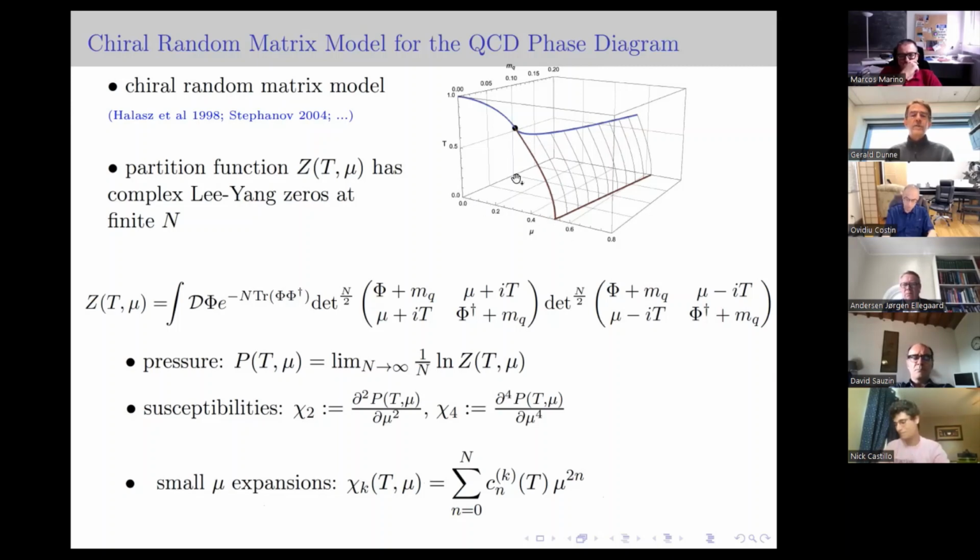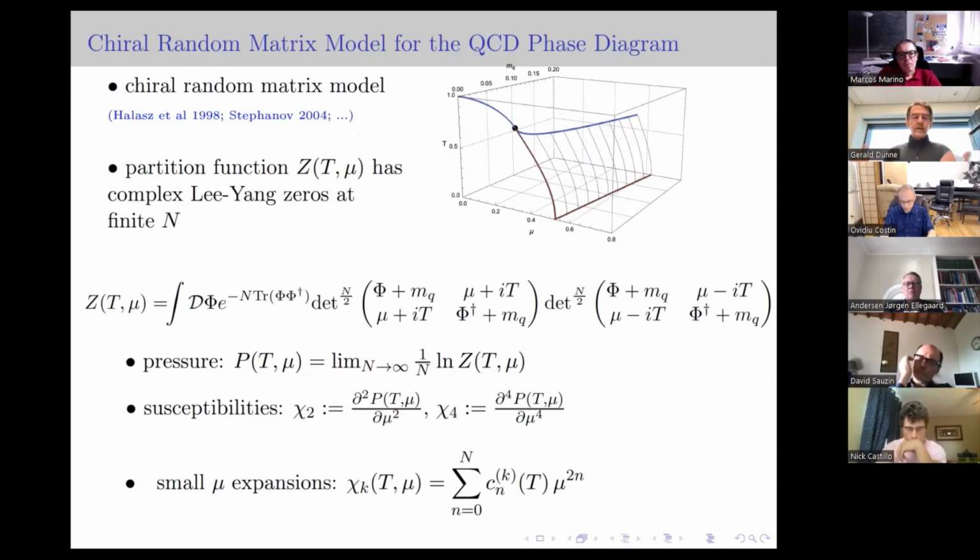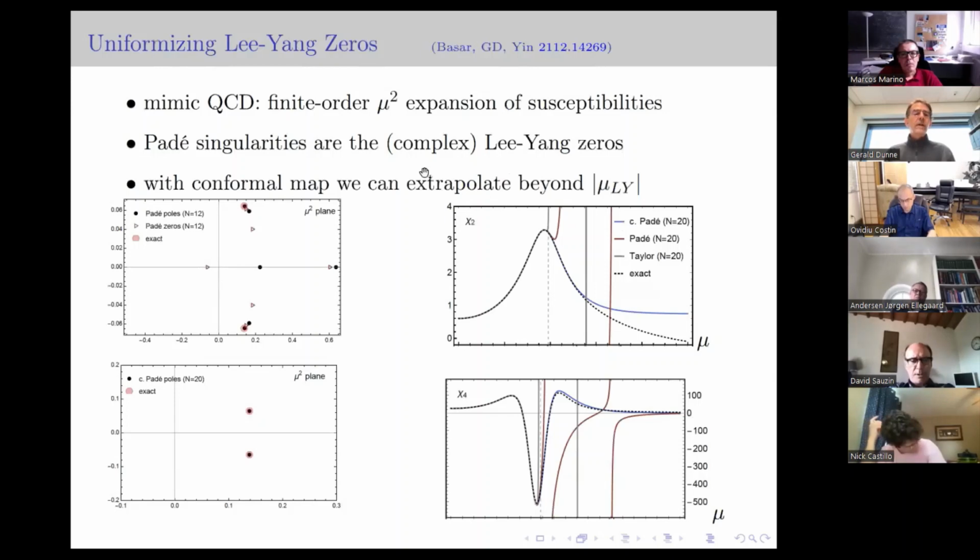But we're most interested in the behavior around this point or this point here. So we can mimic the situation in QCD by taking this random matrix model, where it's now much easier, of course, than in QCD to calculate these expansions because it's much more explicit. But we can look at what happens with finite order mu-squared expansions of these so-called susceptibilities. So we can apply these Padé tricks with conformal maps, without conformal maps, and see what happens.